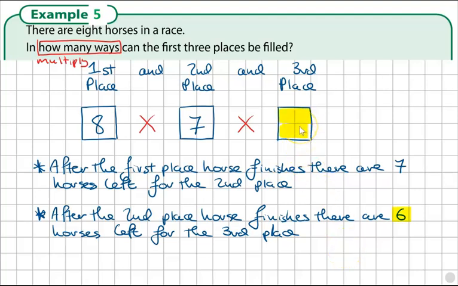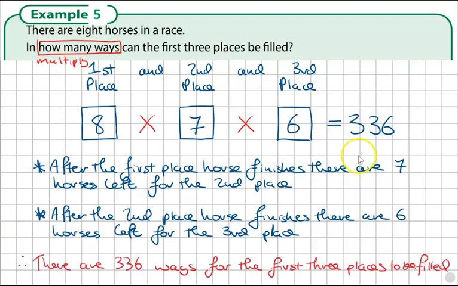So 6 goes in our last box. And 8 times 7 times 6 gives us 336. Therefore, there are 336 ways for the first 3 places to be filled.